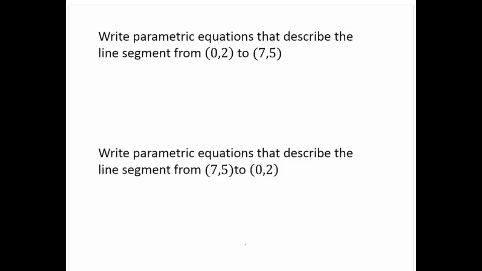So I could have x of t is t, y of t is 3/7 t plus 2, and I can just take those and add the restriction on the parameter that t goes from 0 to 7.